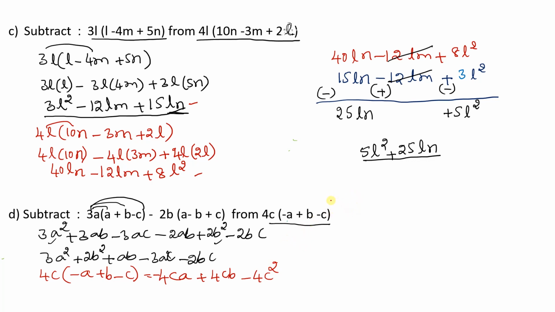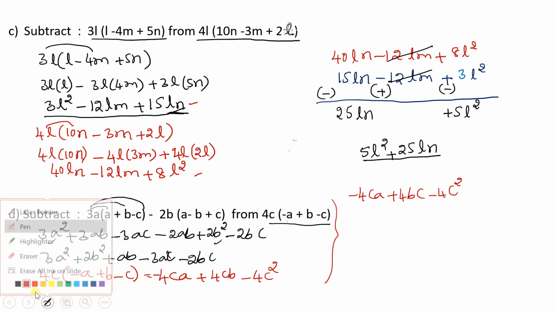Okay. Now let us find the difference of these two. So it is minus 4ca plus 4bc or cb minus 4c square.